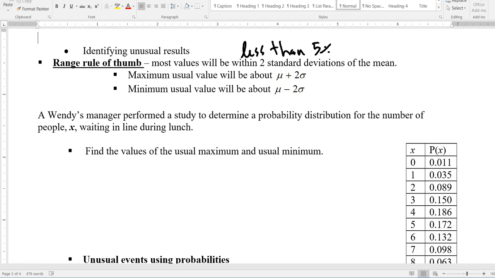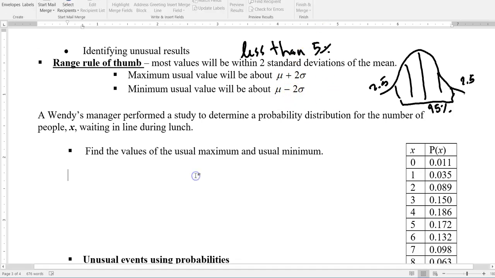Well, using the empirical rule, we know that within 2 standard deviations is 95% of the data. So what's left on the outside? The other 5%, really 2.5 on each side, right? But the idea is that we say anything beyond 2 standard deviations would have a probability less than 5%, would be considered unusual.